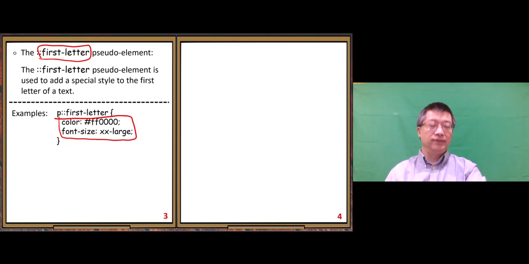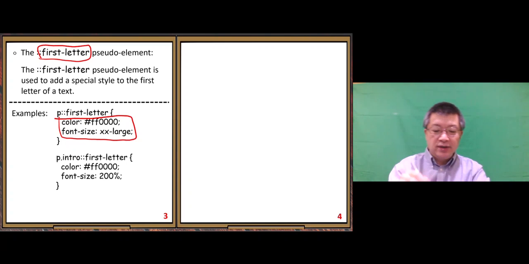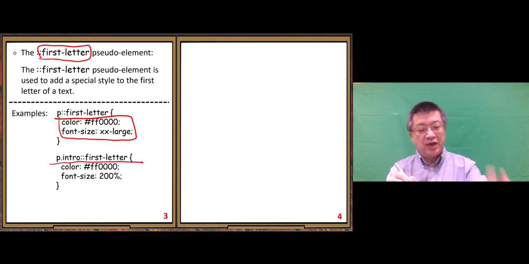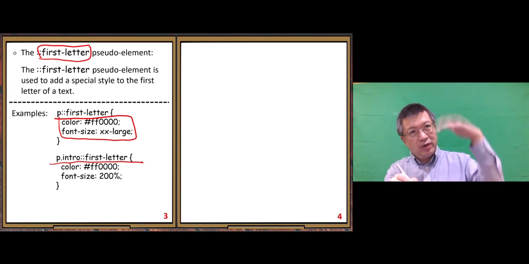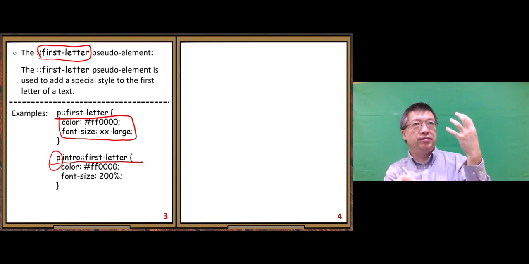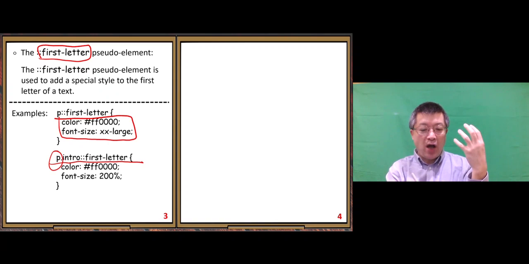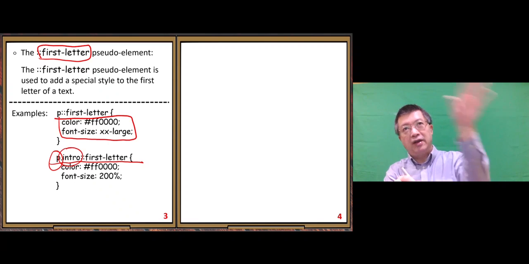And then there is another way people can do it. Based on what we have learned so far, we can have the P element, tag name, dot, intro, the class name. Right? Dot, then class name.